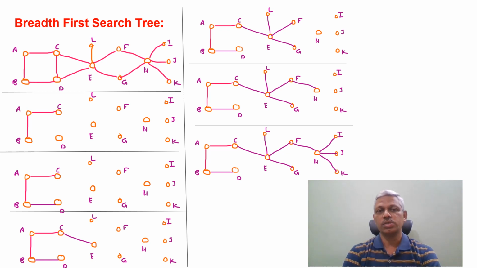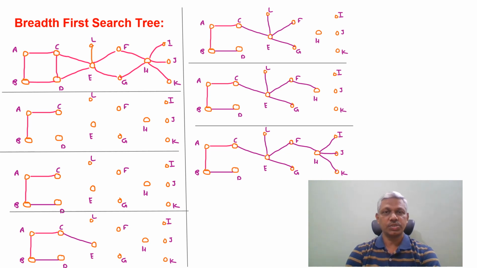At F and G we have 2 edges. Again F comes first, so if I add the edge FH, it's not going to create a cycle. But after adding this FH, if I add an edge GH, it is going to create a cycle, so I don't add GH.